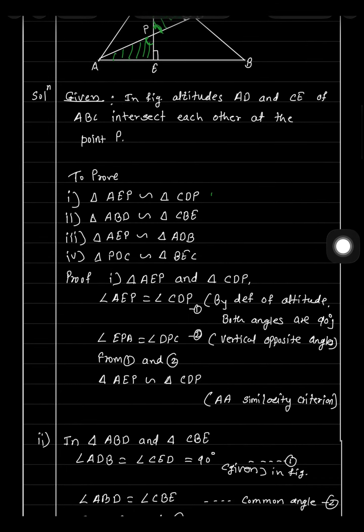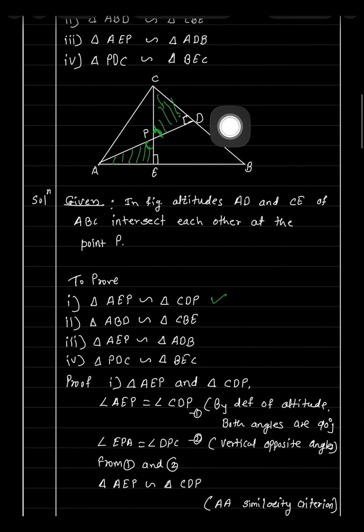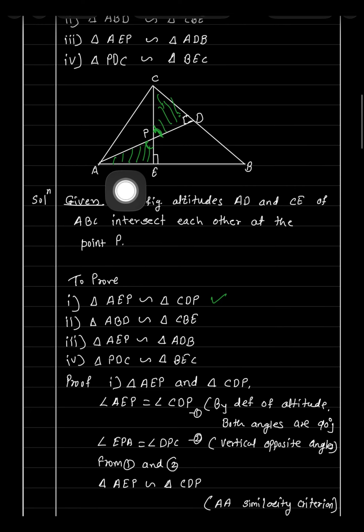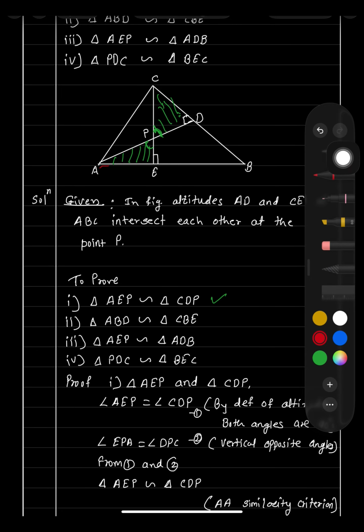So first we completed. Then see the second, ABD. Which is the ABD? A, B and D. Here we can see these red lines, A, D, A, B and D. Okay.